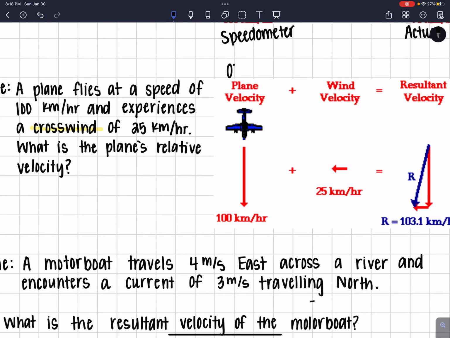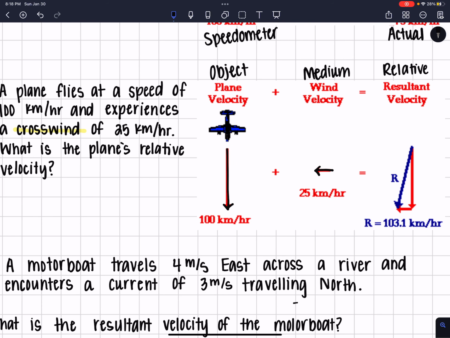So let's say our object's velocity, in this case, the plane's vector, is 100 kilometers. Let's say this is what the speedometer reading says, but the medium it's traveling in, the wind, is 25 kilometers to the west. My relative velocity, again, is still going to be the sum of these two vectors.